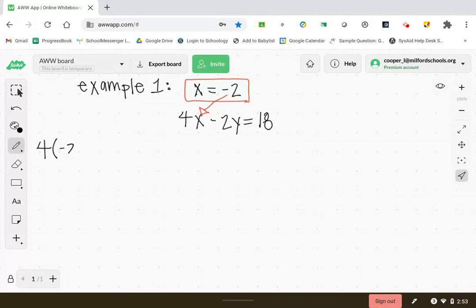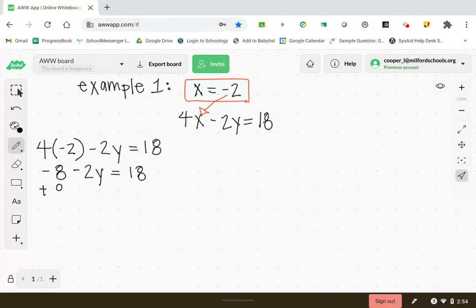We're now going to write negative 2 and then rewrite everything else. Minus 2y equals 18. And now we're just going to solve for y.